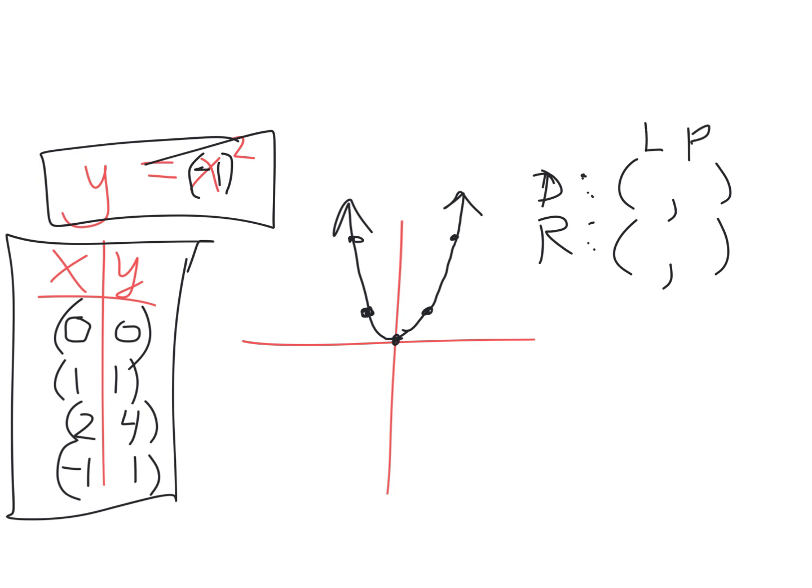Domain is left to right. Right? How far to the left does this graph go? I know you're like, oh, it's going up. Isn't it also going to the left? Isn't it going to keep on going to the left? Yeah. Negative infinity was correct here. And I think most of you probably had that. And infinity, regular infinity, is correct here.